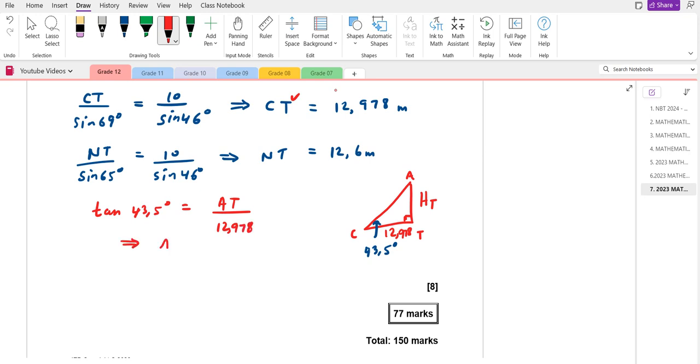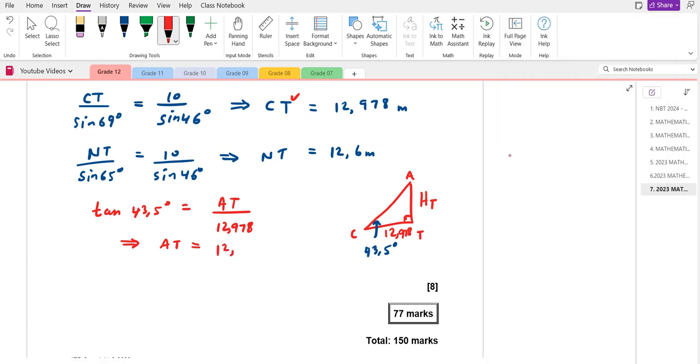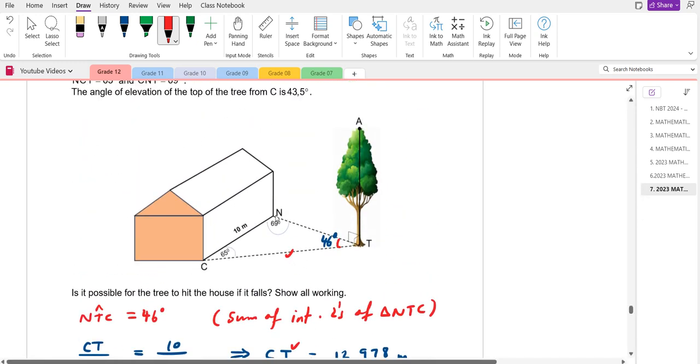This implies AT is equal to 12,978 times tan 43,5 degrees. So that's 12,3 meters.